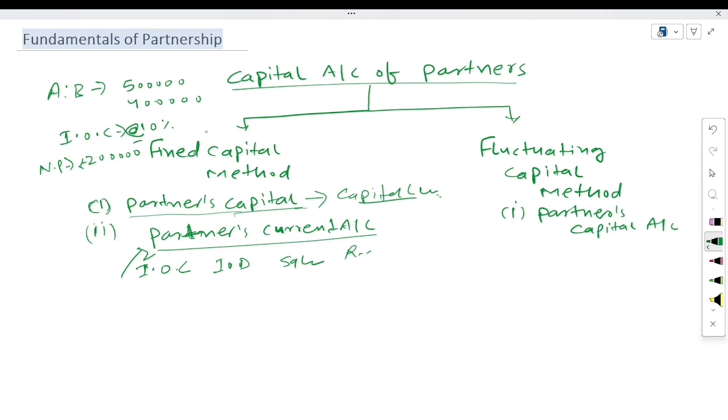Suppose in the question it is mentioned that you have to prepare the partners' capital account. Then what will you do? You will create two ledgers.